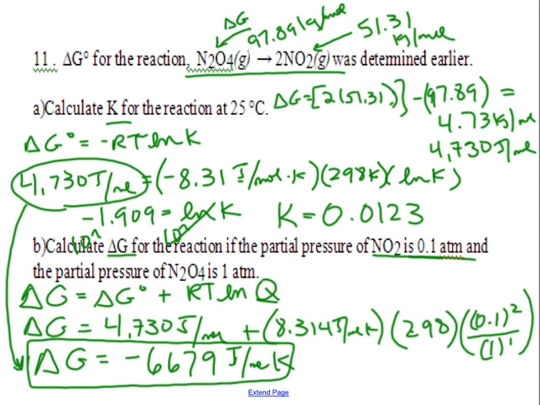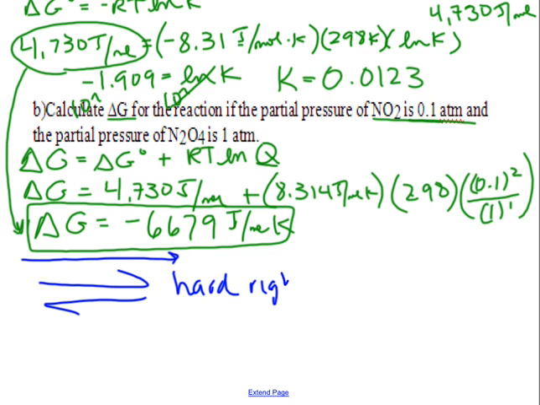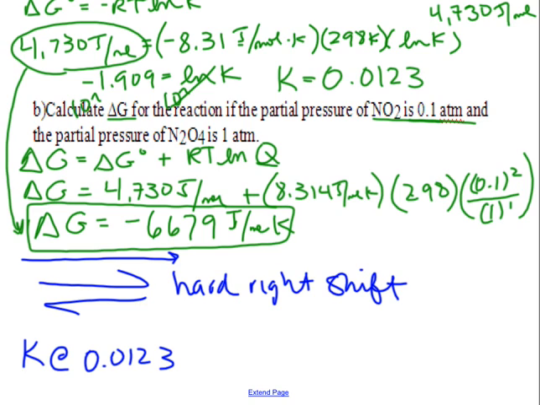So if we're at equilibrium and we become spontaneous in the forward direction all of a sudden, we did a hard right shift, right? Hard right shift. And that's what I'm figuring out just based on what happened to G. We were at equilibrium with a K of 0.0213, and then all of a sudden we have a hard right shift.